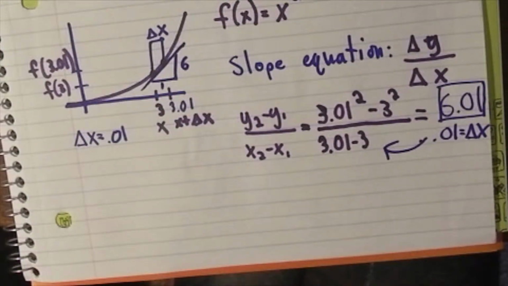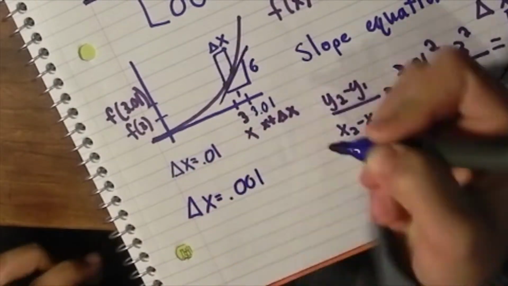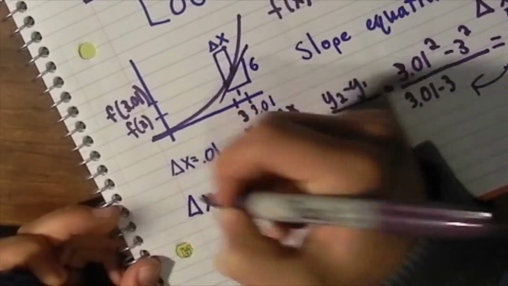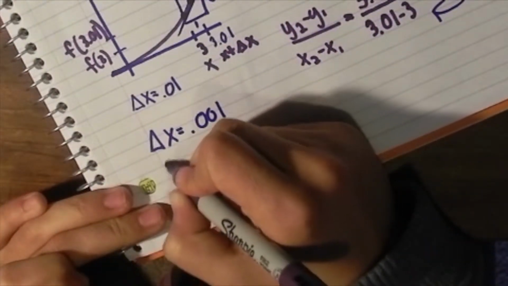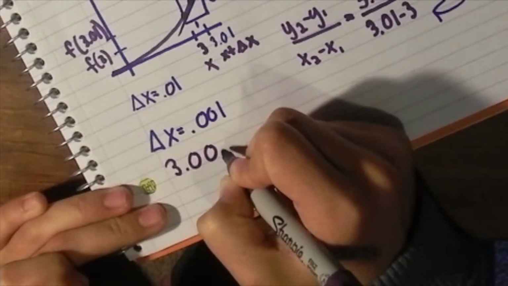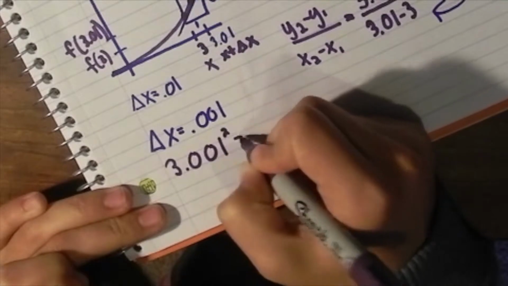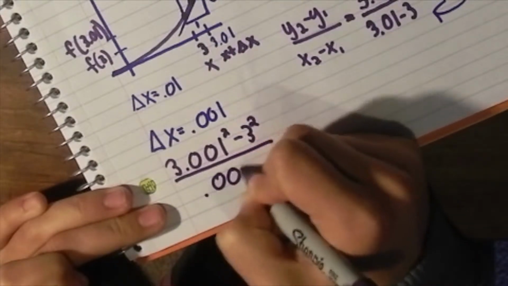Wow, that was fun. Let's do it again. But this time, let's have delta x equal 0.001, making those points even closer. Now we can use the same equation as before to figure out the slope. 3.001 squared minus 3 squared over our delta x, 0.001.